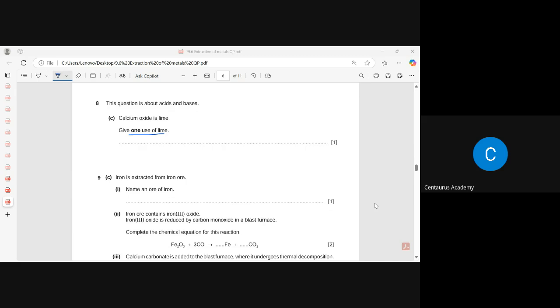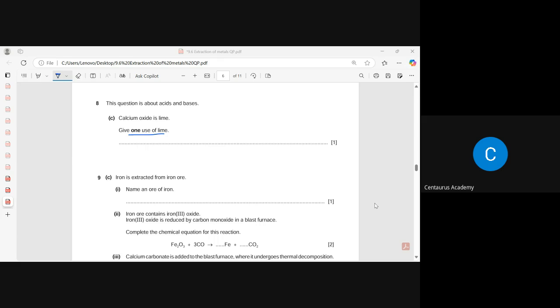No. Lime water is used to detect carbon dioxide. And lime water is calcium hydroxide. Calcium oxide is lime, and it is not used for detection of carbon dioxide. Lime water is used for detection of carbon dioxide.